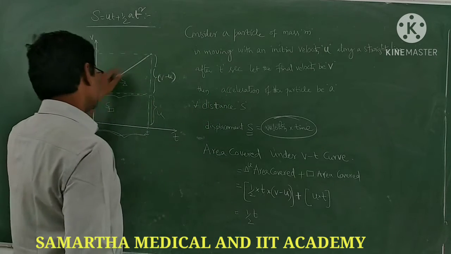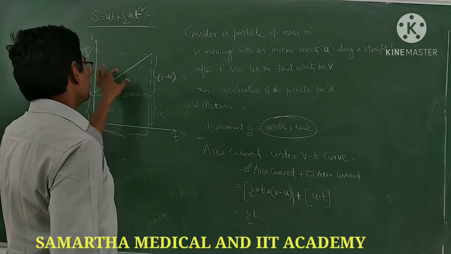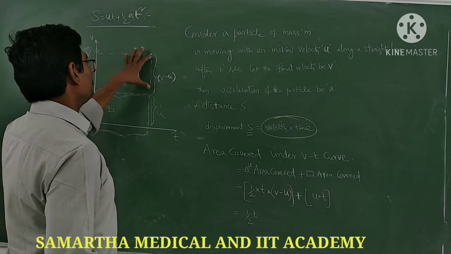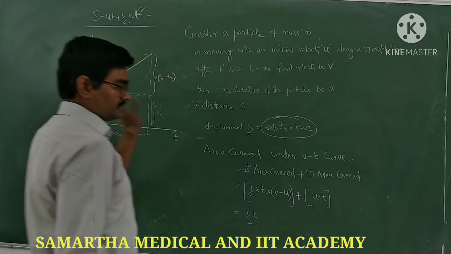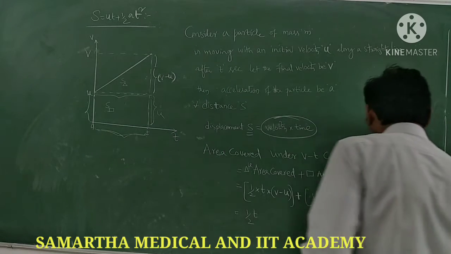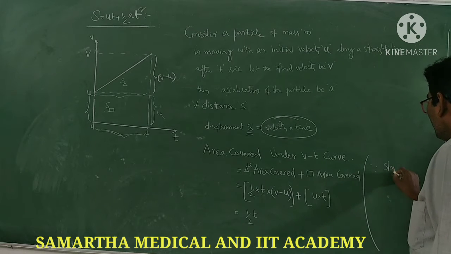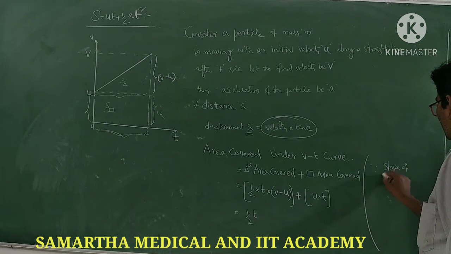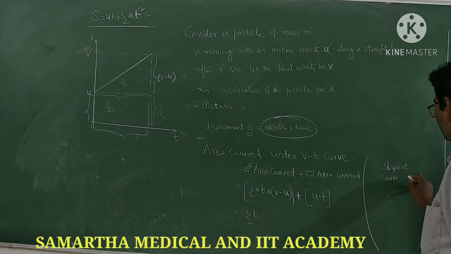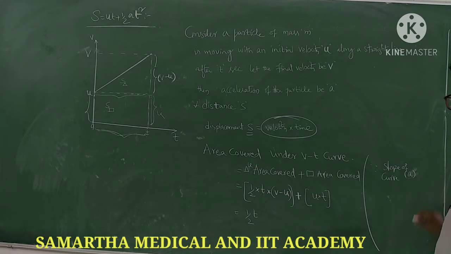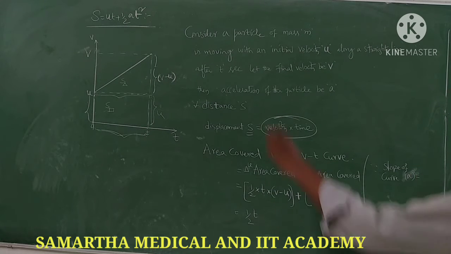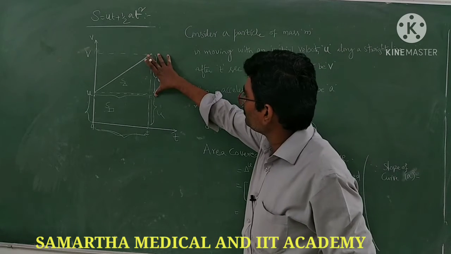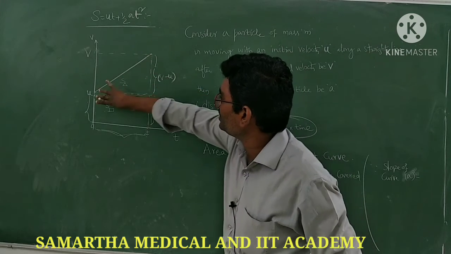See here, from this you can find the slope. What is the slope of this curve? v minus u by t. The slope gives you acceleration a, which is equal to v minus u by t.